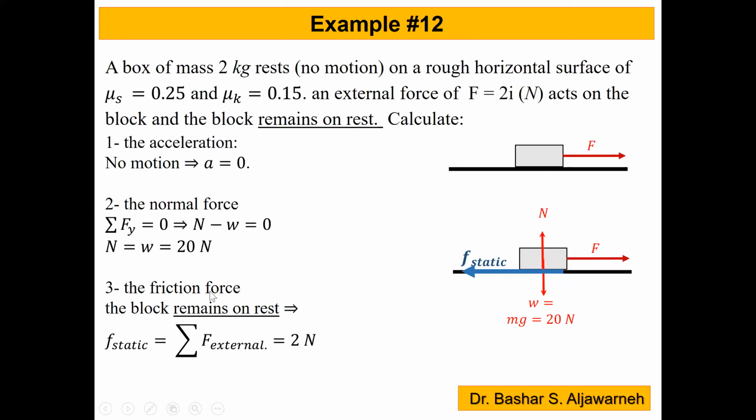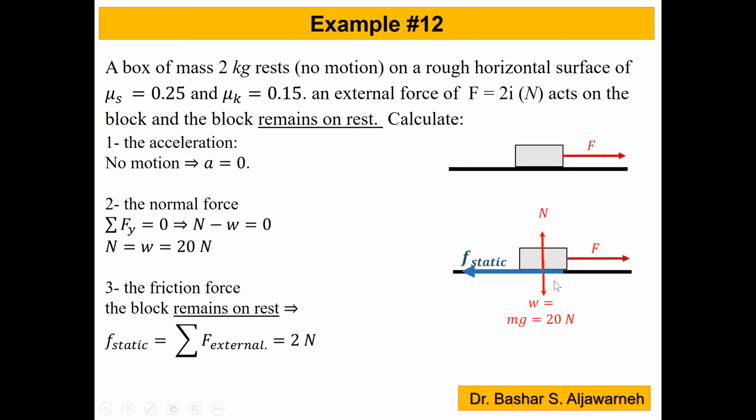Number 3, find the friction force. Mu s is given and mu k is given. So please pay attention to the following. Here, you cannot say the friction force, which is the static friction force, equals mu s times n.